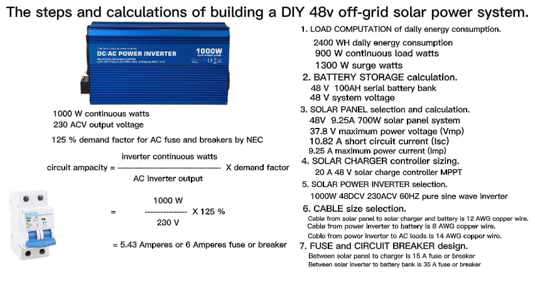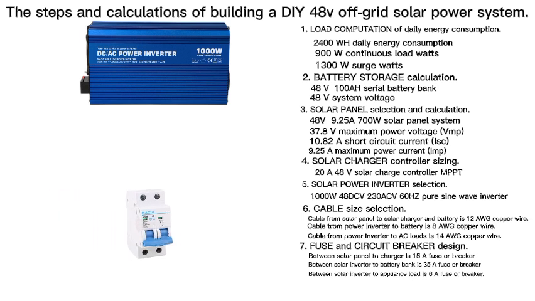So our circuit ampacity is equal to inverter continuous watts divided by AC inverter output times the demand factor of 125%, equals 1000 divided by 230 times 1.25, equals 5.43 amperes, or a 6 amperes fuse or breaker. Meaning that between the solar power inverter and the appliance load is a 6 amperes fuse or breaker.